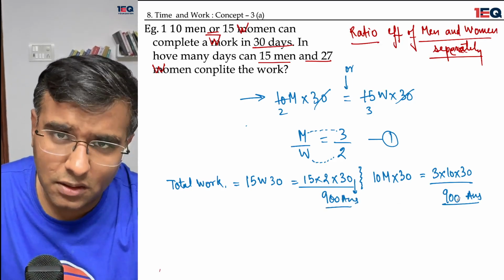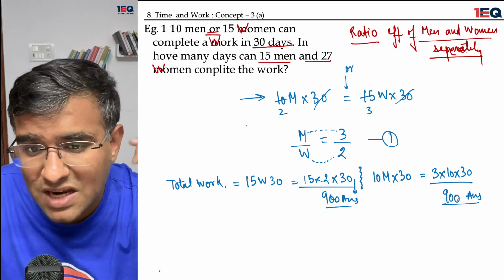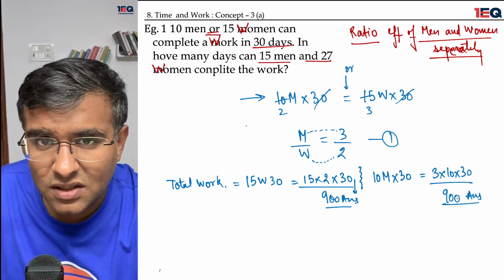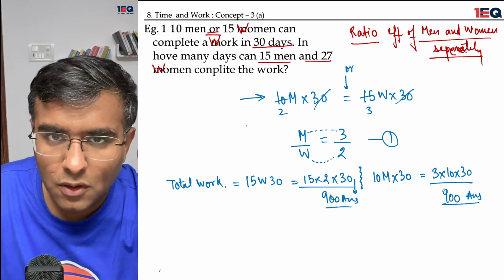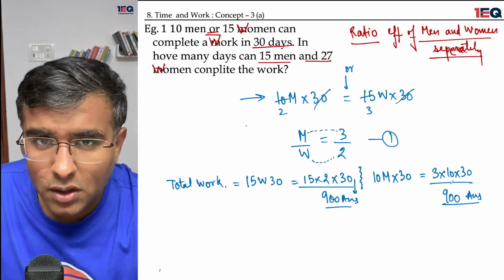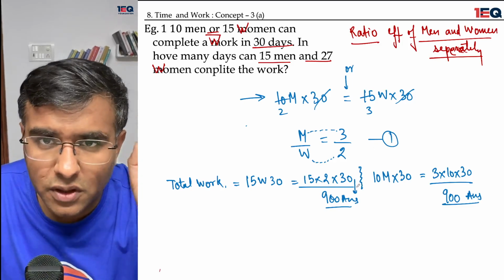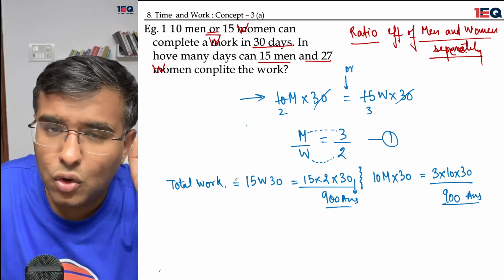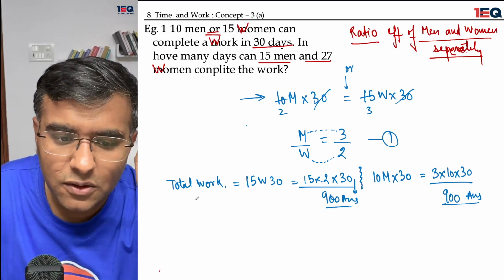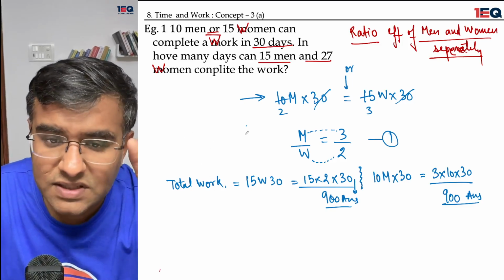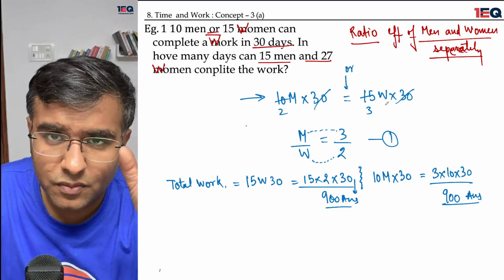So it doesn't matter whose work you pick up. You just have to pick up one side of the equation. Also, do not cancel out anything while calculating the total work, because it will not help you.